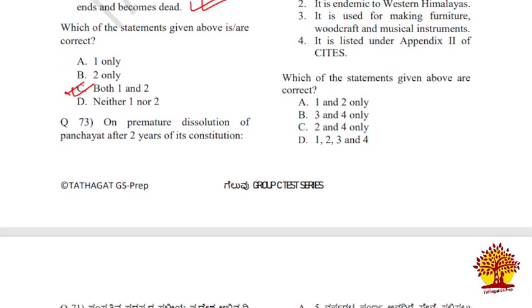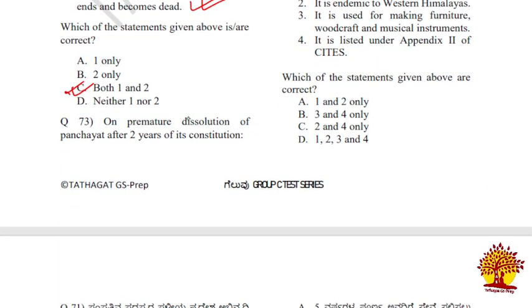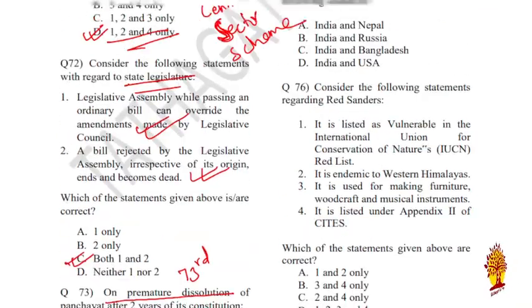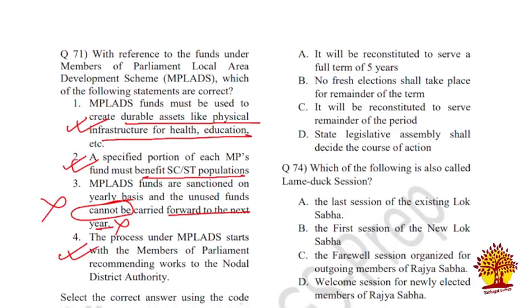Next one, on the premature dissolution of panchayat. After 2 years of its constitution, panchayat has been introduced to constitution by 73rd constitutional amendment and urban local bodies by municipalities by 74th amendment. Okay, panchayat by 73rd, urban local bodies by 74th.